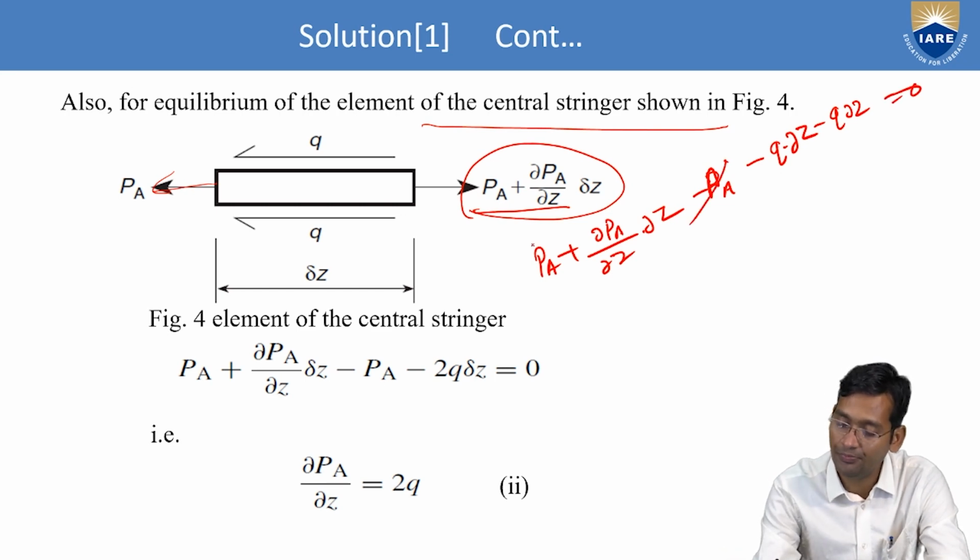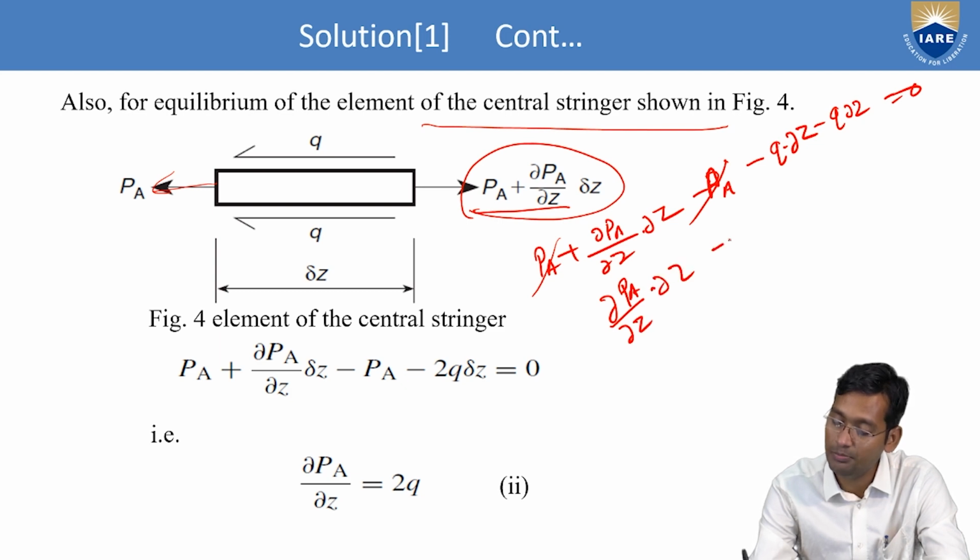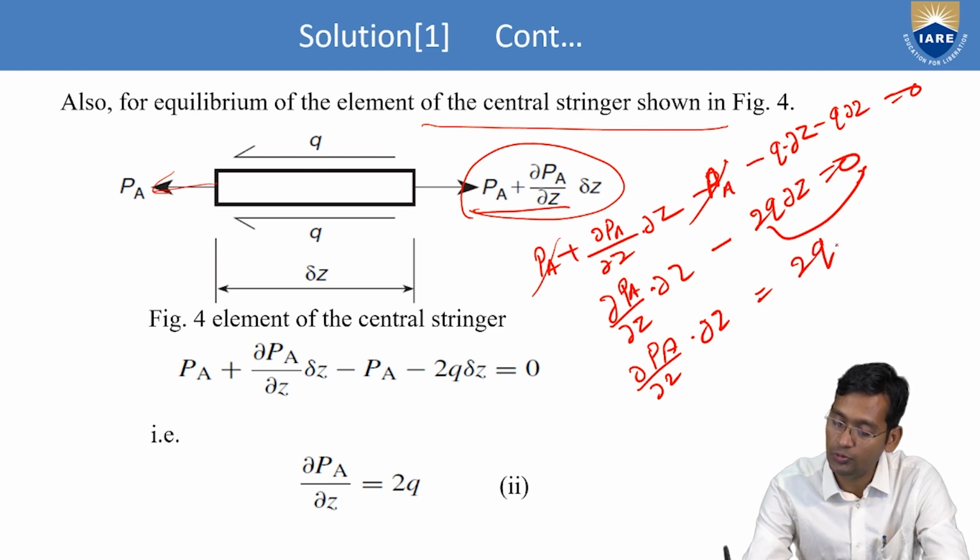So PA cancels. Right. What we will get? Del PA by del Z into del Z minus 2Q del Z equals 0. Take this to this side. So del PA by del Z into del Z equals 2Q del Z. So del Z cancels.